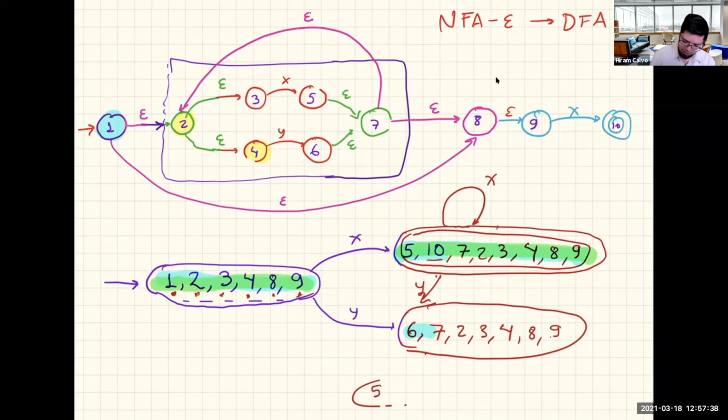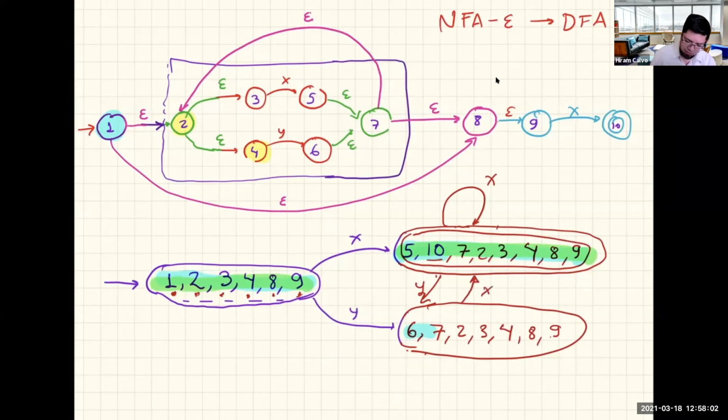So we have a combination of 5 and 10 with X. So again, we know this is the same beginning as this one. So instead of creating a new state, we go up to this one. So I erase and then go to this state with X.